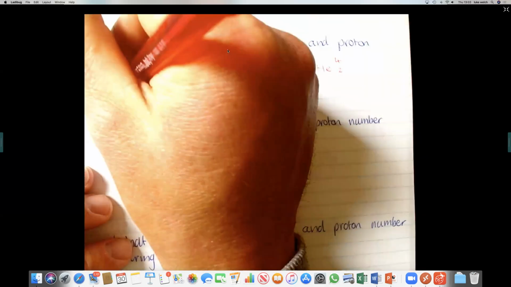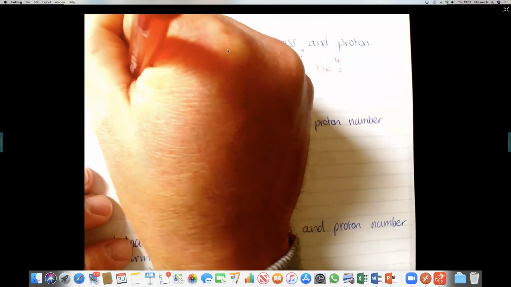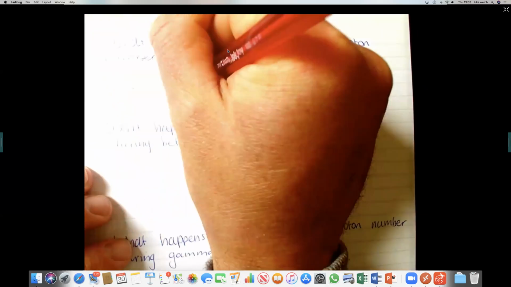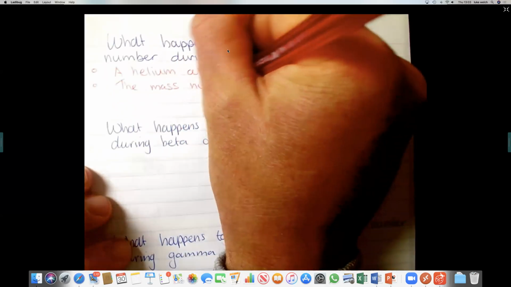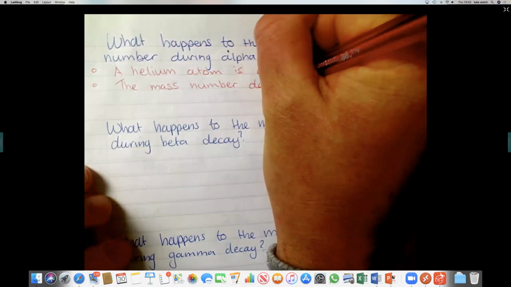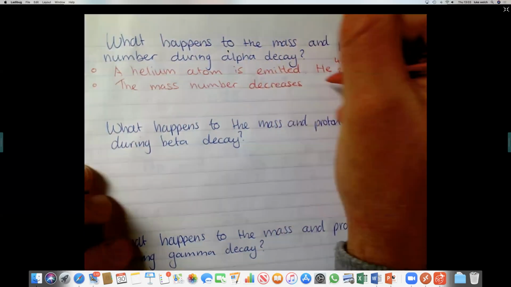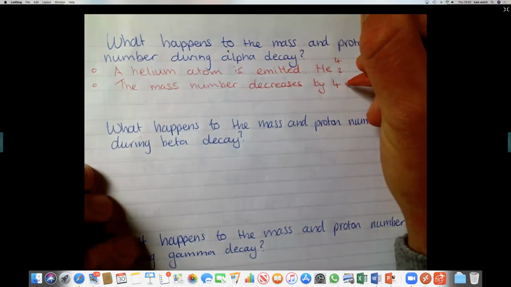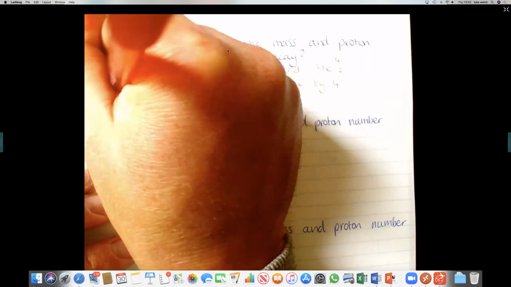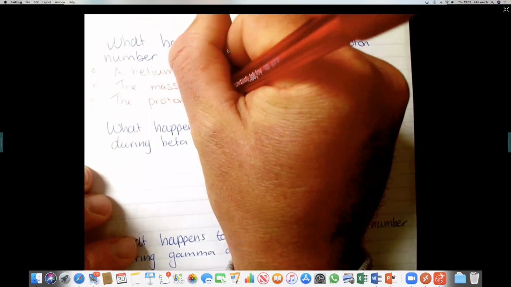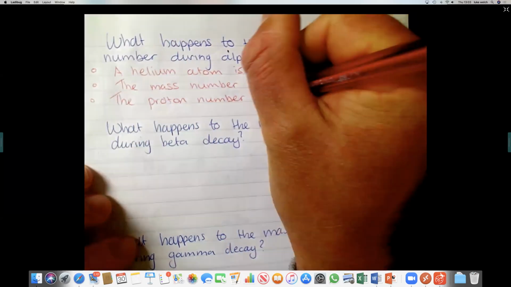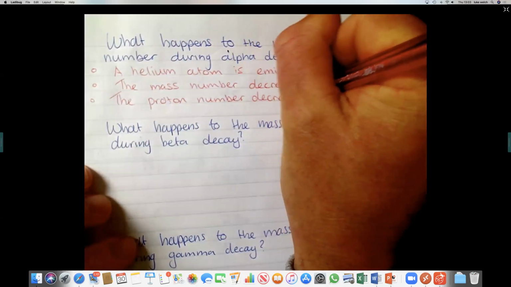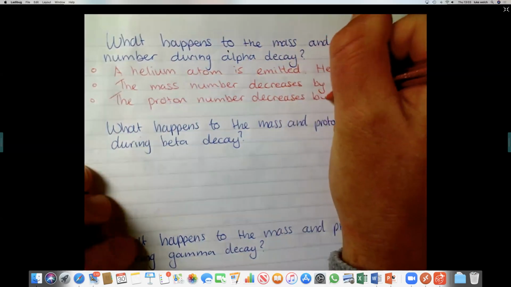So therefore, if it's emitting a helium atom, that means the mass number decreases by 4. The proton number, the bottom number, decreases by 2.